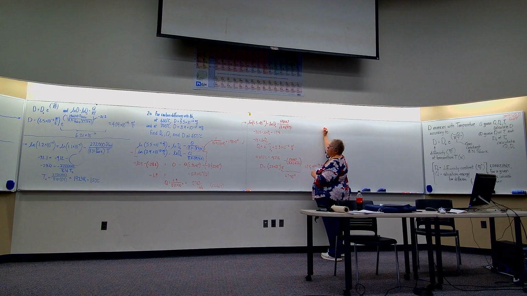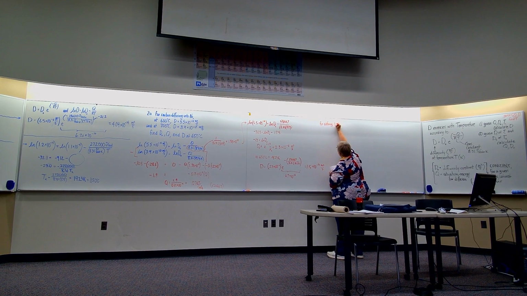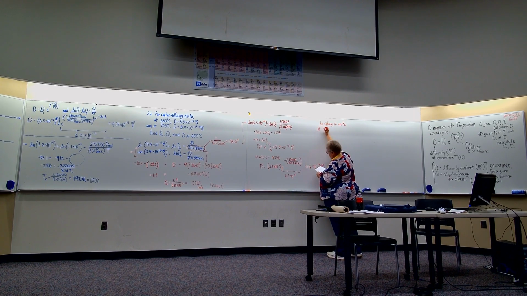Okay, let's do it this way. How did I write it before? For diffusing nickel into iron at 1200 C, D is 2.2 times 10 to the negative 15.